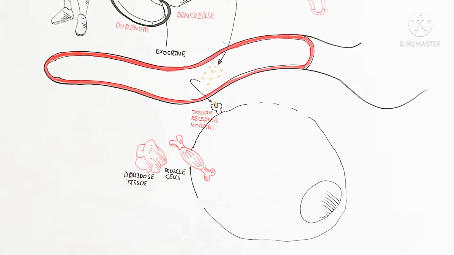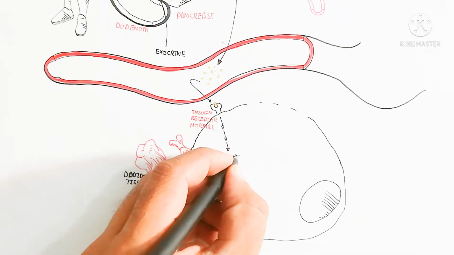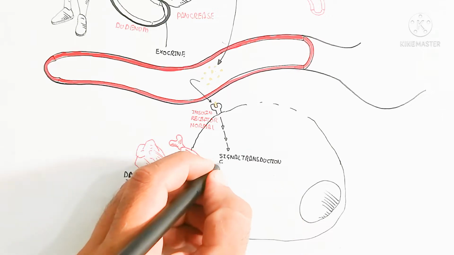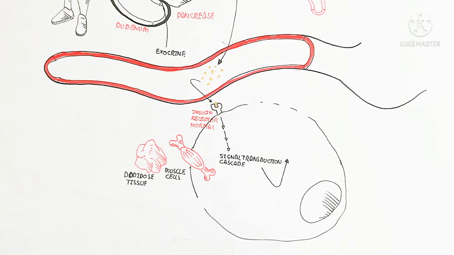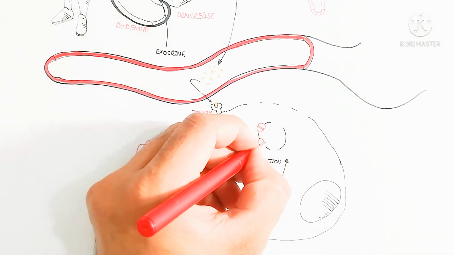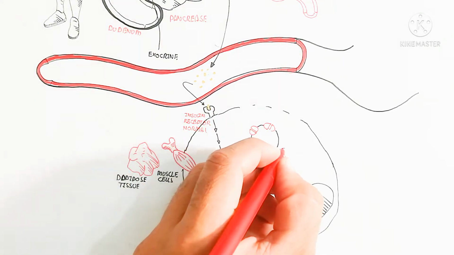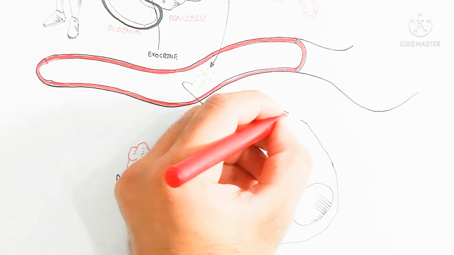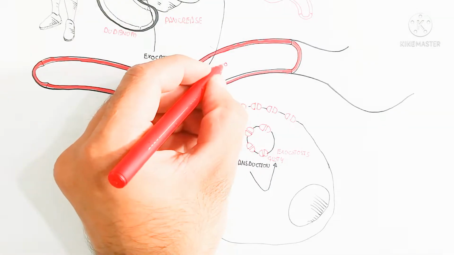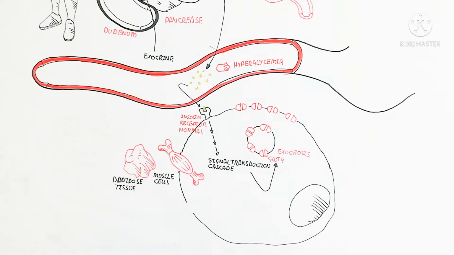In a healthy person the insulin receptor is activated. After insulin binds, a signal transduction cascade occurs, which triggers the GLUT4 vesicle inside the cytoplasm to fuse with the plasma membrane and form the GLUT4 channel. So the glucose moves inside, and in this way the hyperglycemia decreases in the blood.